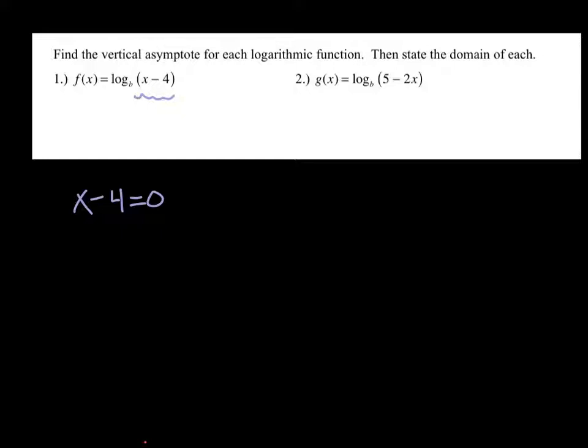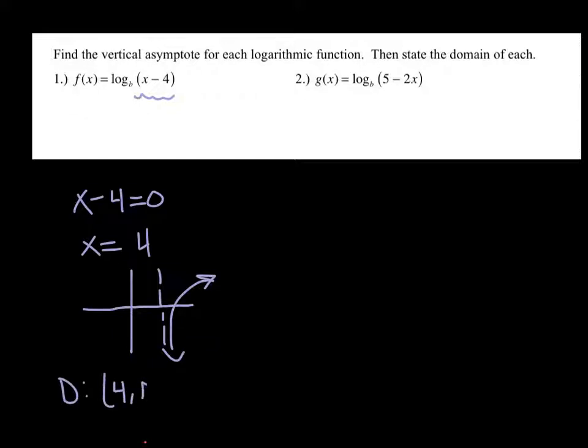So here, if we solved x minus 4 equals 0, we would add the 4 over, and x would be at positive 4. If you graph this, and again, this would be a rough graph, your vertical asymptote should be somewhere over here at 4, and that would be something like your function. So your domain would be from 4 to positive infinity. So your vertical asymptote would be at x equals 4.